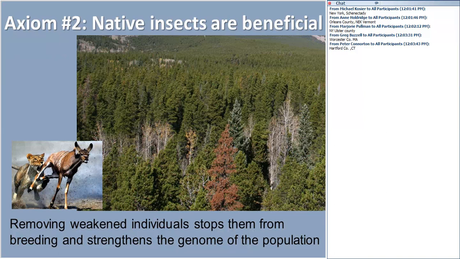My next axiom is that native insects are actually beneficial. A lot of the bugs I'm going to talk about today are native, and it's like the lion taking out the weak antelopes in the crowd.